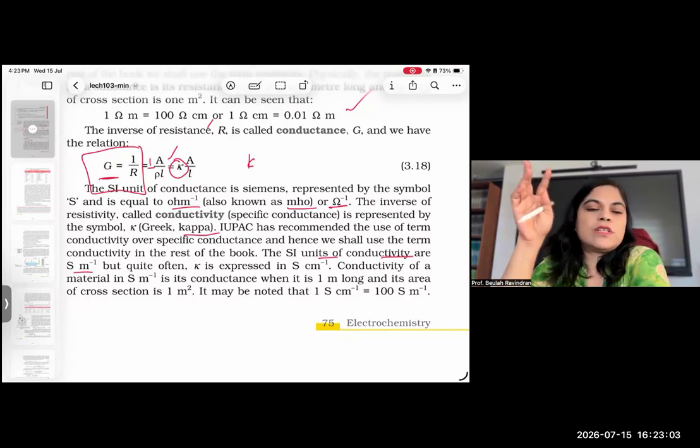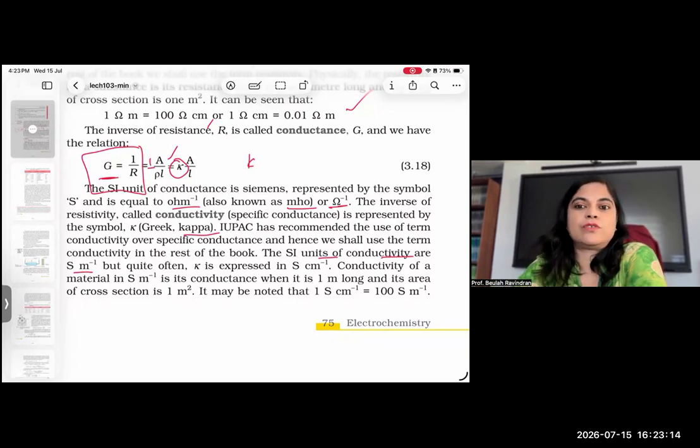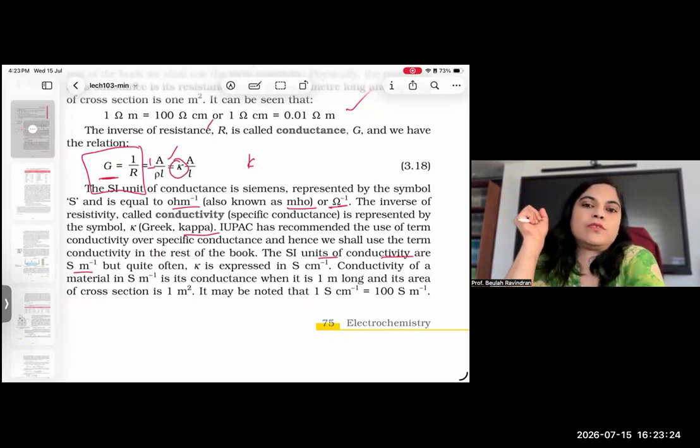Students confuse between conductance and conductivity. This is a common mistake. Conductance G is the property of this particular solution. Conductivity is kappa. It is an intrinsic property of the solution, independent of the cell geometry.